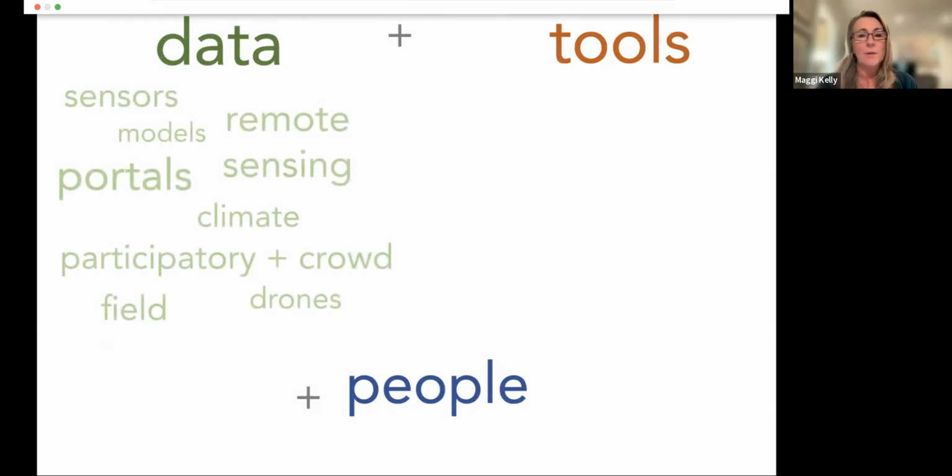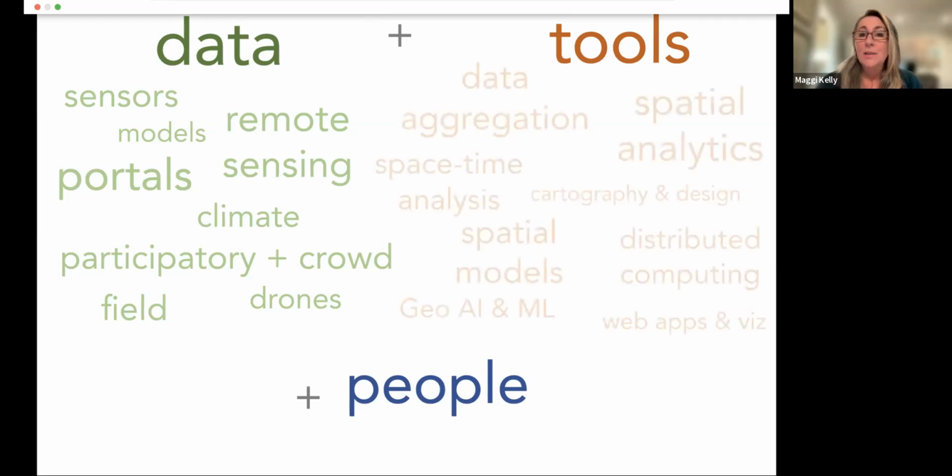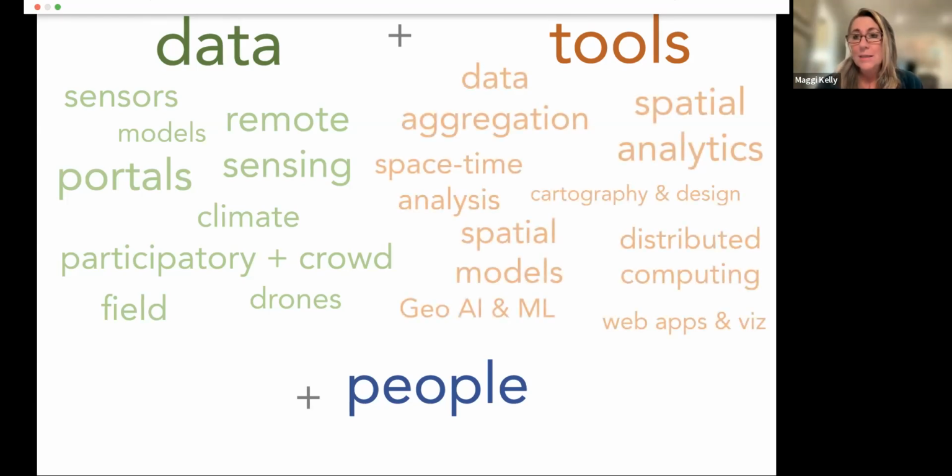So when we talk about data, we can talk about sensors and models and remote sensing and portals. Participatory data, I'm very excited about. Drone data, I'm excited about it all, really. We can talk about all these different ways of pulling these data together and analyzing them and making use of them. New data aggregation tools, new models, some very cool stuff in space-time, and lovely new design and cartography analytics.